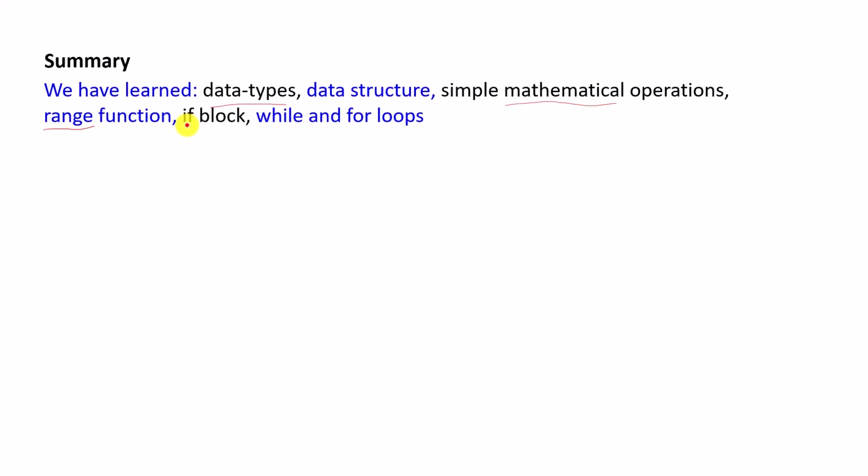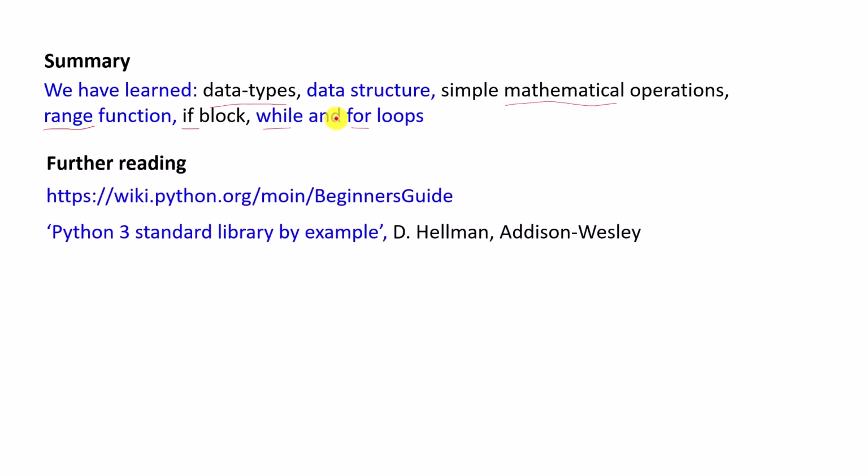And we have learned very important control flow items, which are the if block, while, and for loop. All of them will be very important for us in this course, and in general they are important for scientific computing.